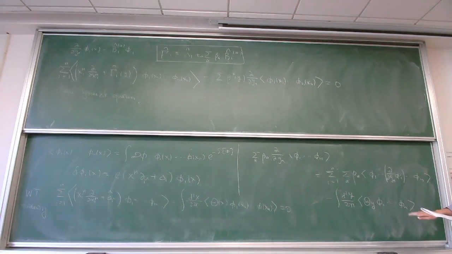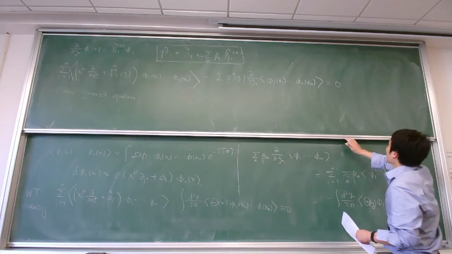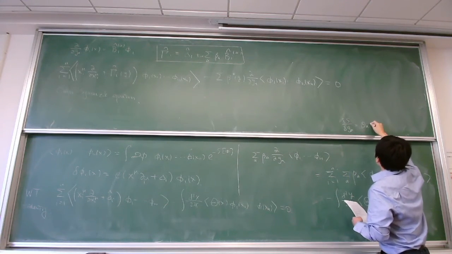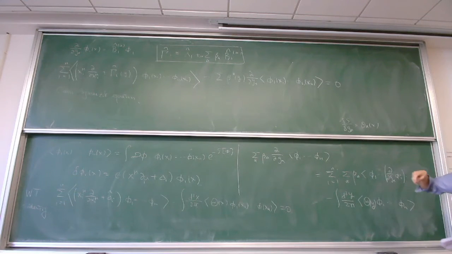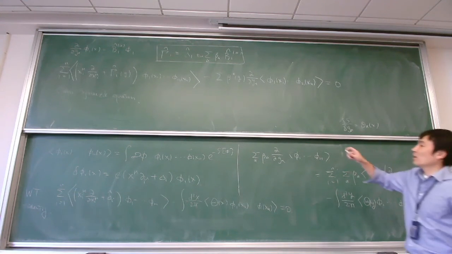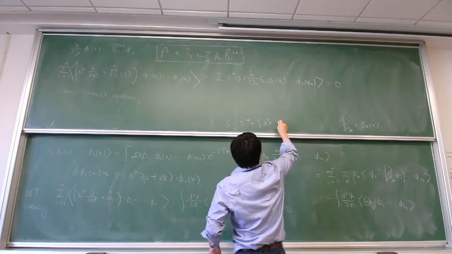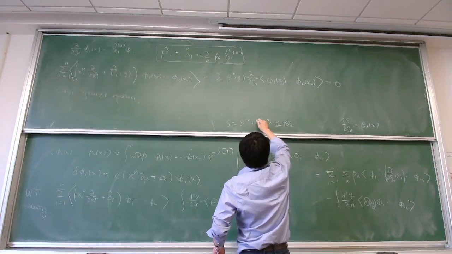Essentially, delta S over delta G A is equal to the operator A of x. Do you agree? S is equal to S star plus the sum of the integral d2x G A operator A, so this is the S that we have.